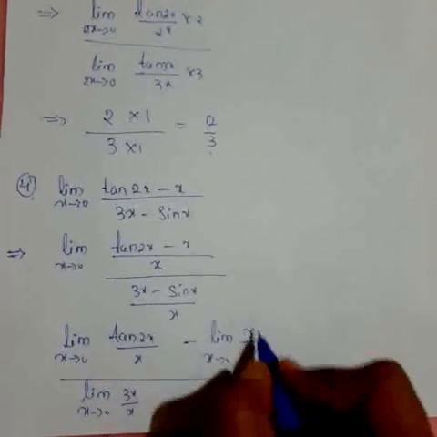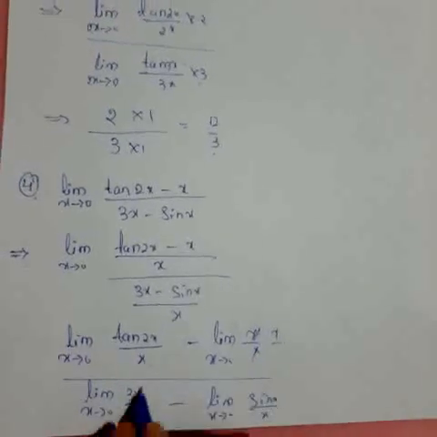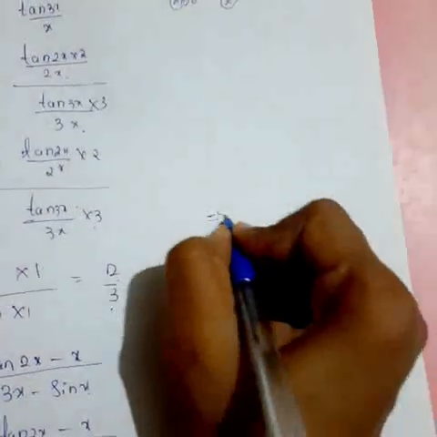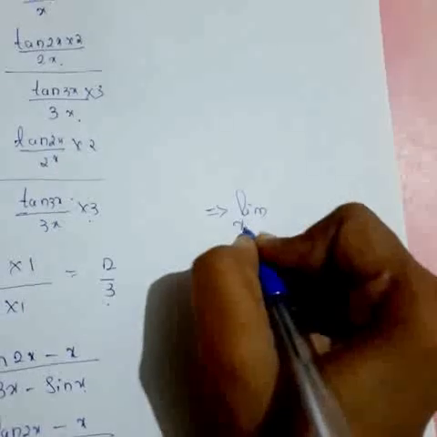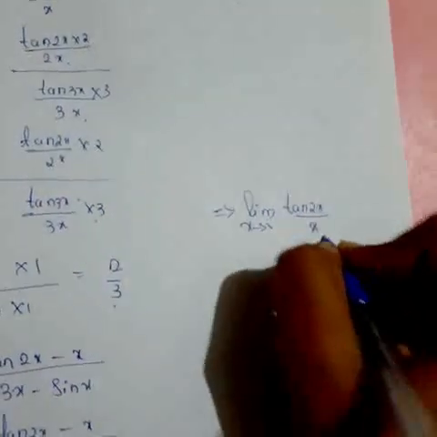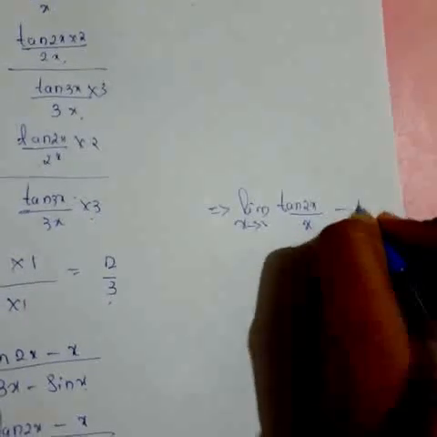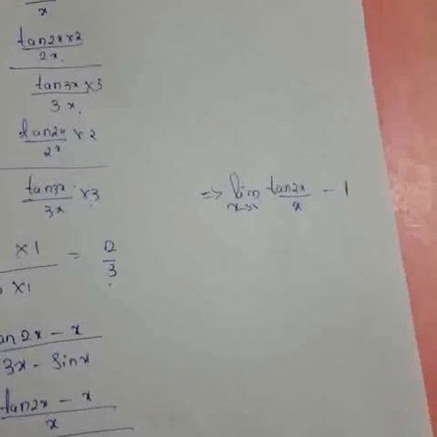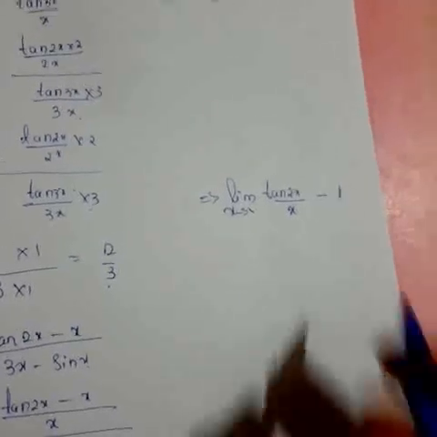See here, x gets cancelled, 1 remains; here x cancelled, 3 remains. I will write first limit x tends to 0, tan 2x divided by x is there, here minus 1 as it is, because here there is no function of x, there is a constant term, so keep it as it is.